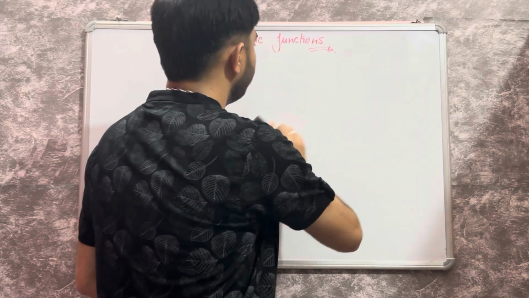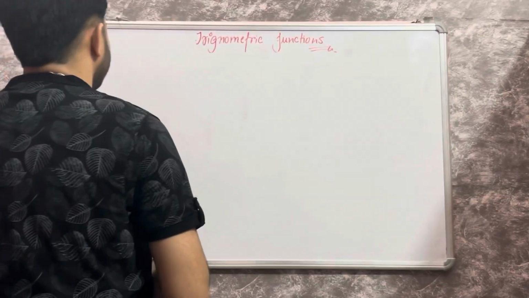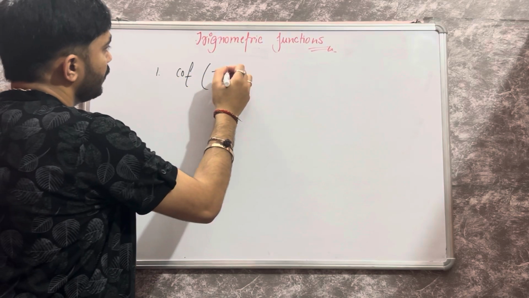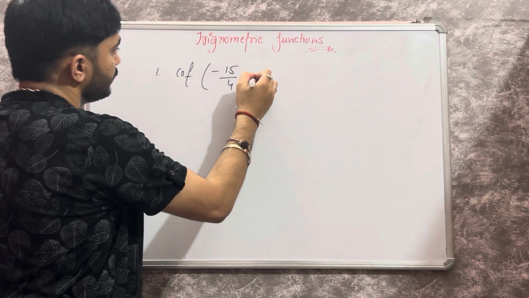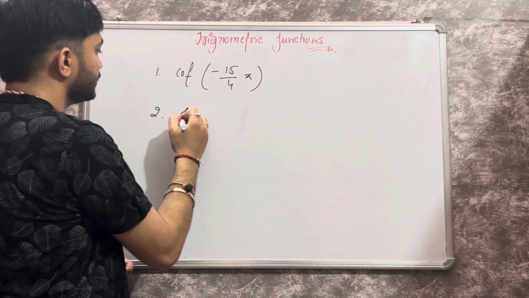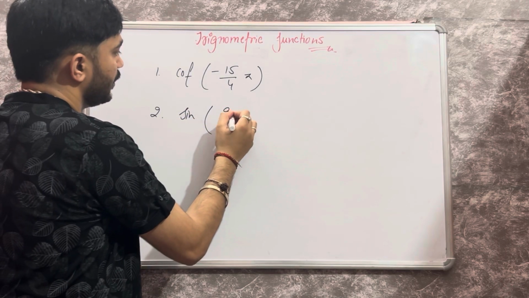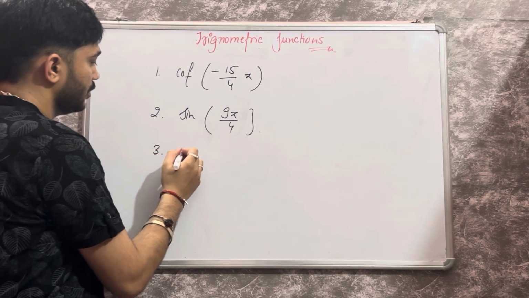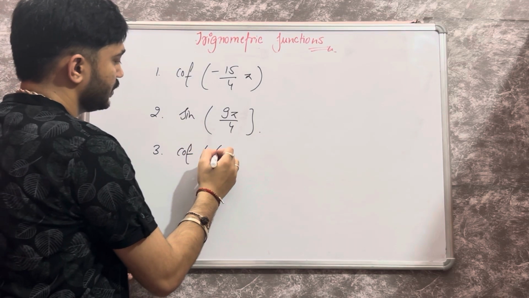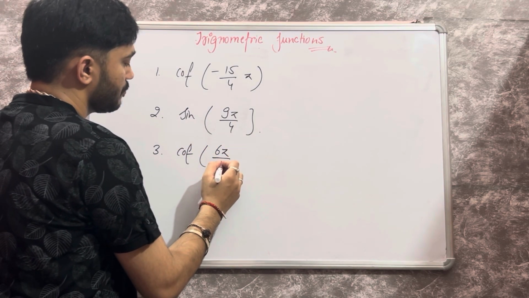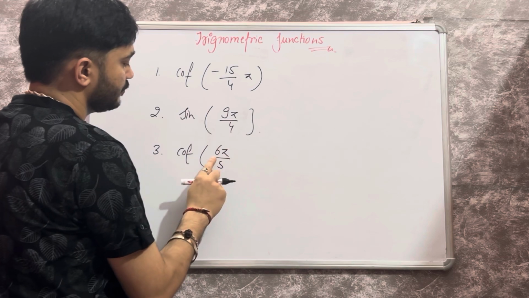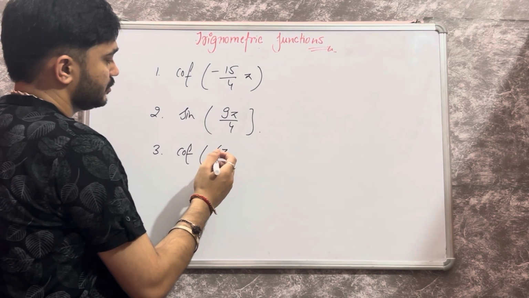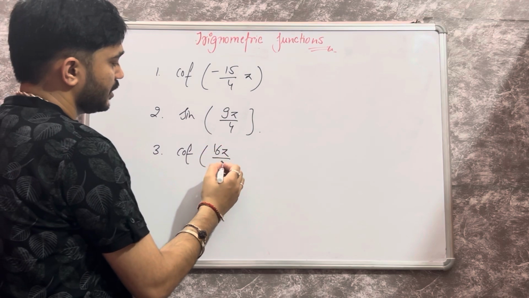I am going to give you some questions for homework based on this. First is cot minus 15 pi by 4. Second is sin 9 pi by 4. Third is cot 16 pi by 3.